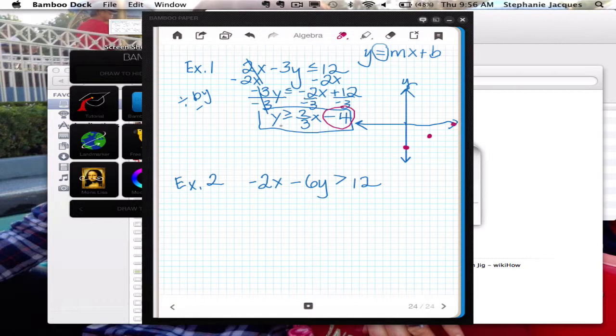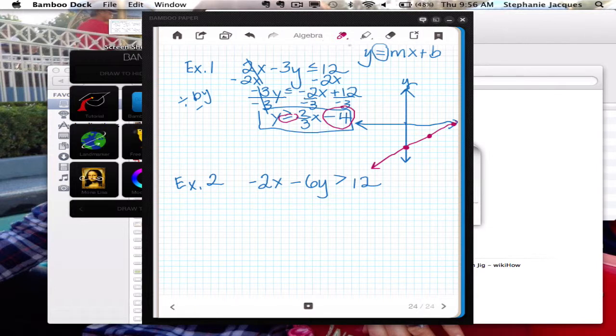And because this has that equal to on the bottom of the inequality, I'm going to do a solid line when I do my graph. So I'm going to go like this. And with inequalities, you want to extend your line as far as you can.